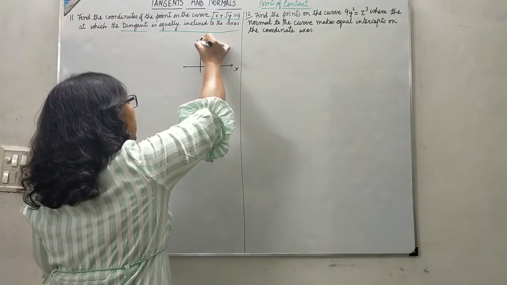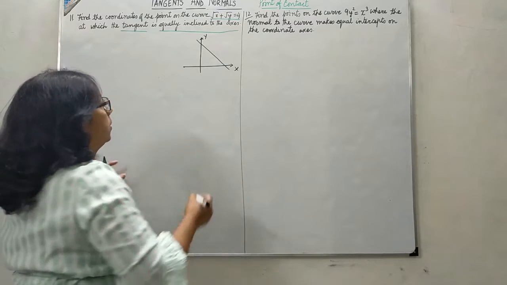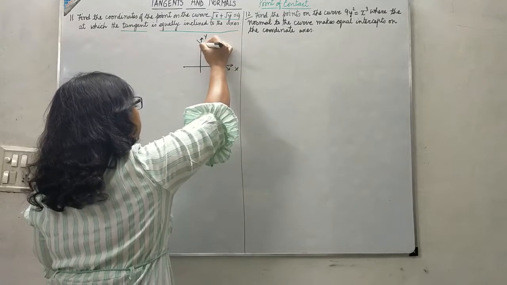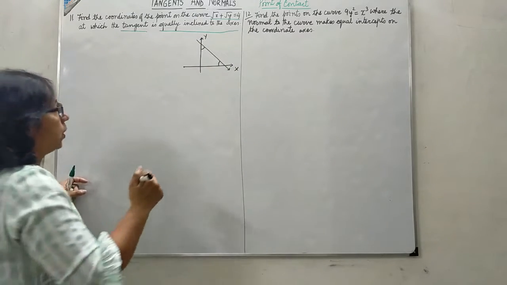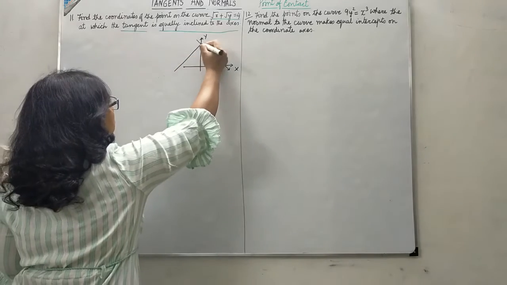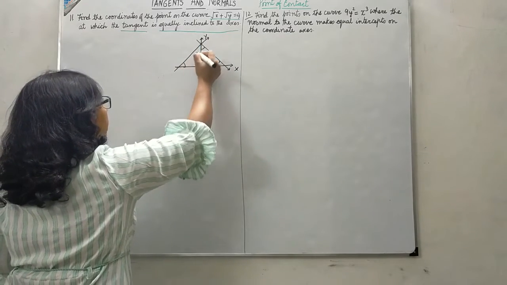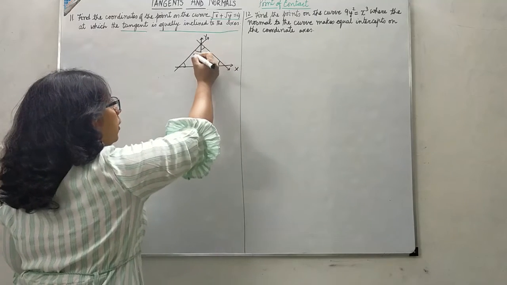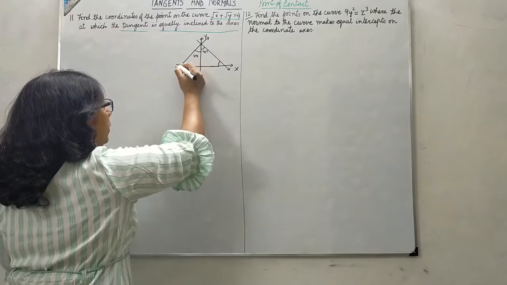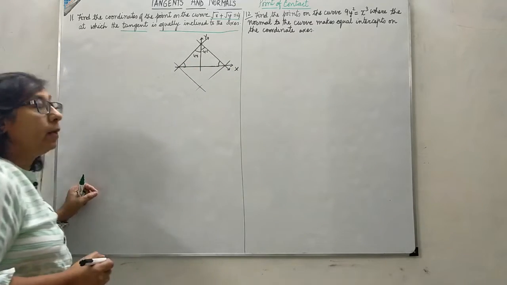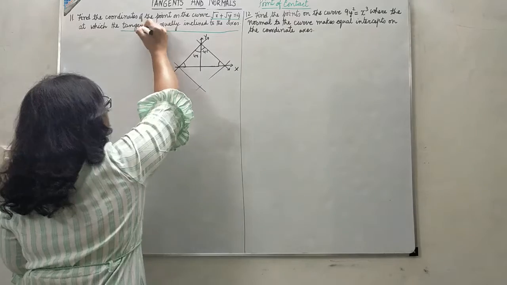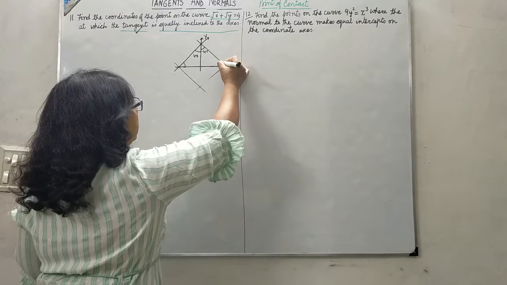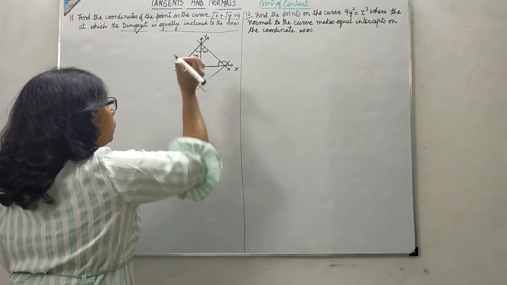If a line is equally inclined to the axes, this situation may occur when this angle and this angle with the x-axis and y-axis are both equal. It may be the case where, as it is 90, it is 45, 45 each, and there may be a third case and fourth case, etc. In all these cases, the tangent is equally inclined to the axes. So we can certainly have this angle as 135 or this as 45.